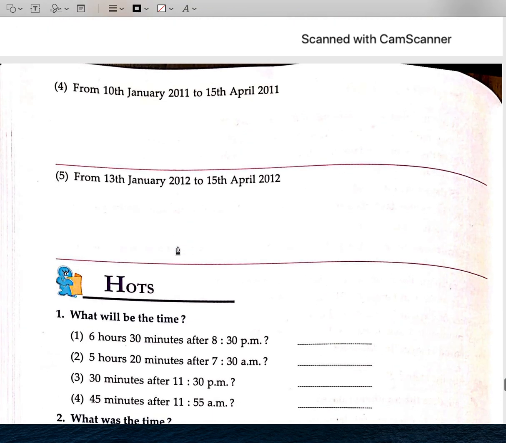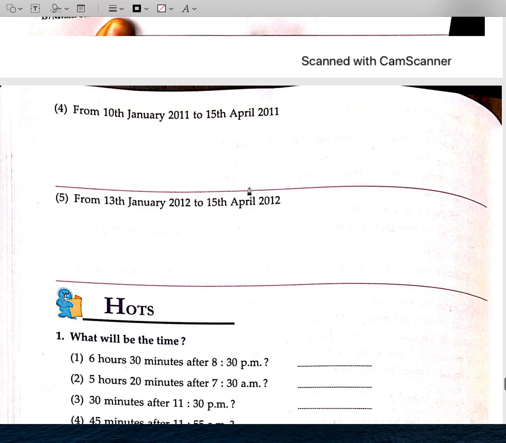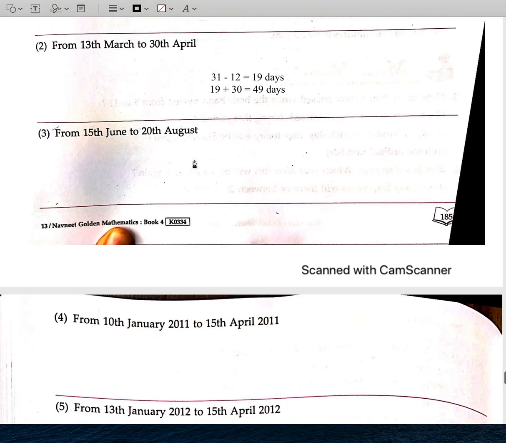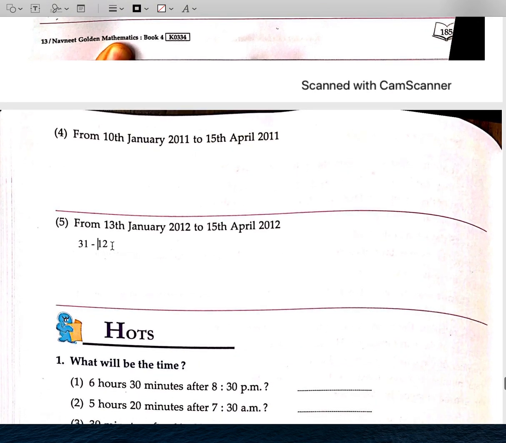So now let's do 13th January to 15th April. Now here the year is also important, 2012 to 2012, so it's in the same year. First we will do 31 minus 12, which is equal to 19 again.